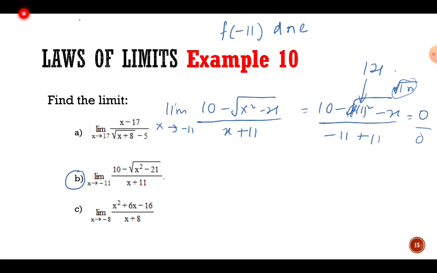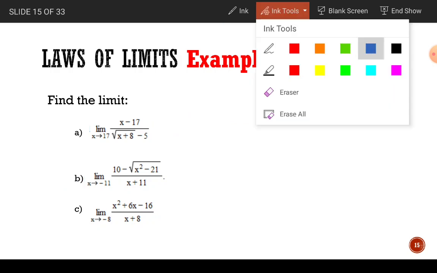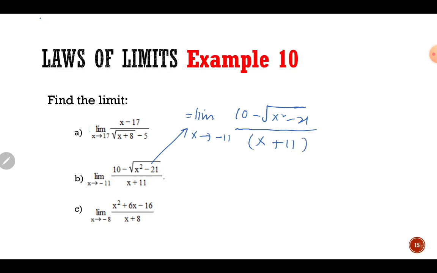So in this case it gives us hint that we have to do macam yang kita buat for example A tadi. Okay, alright, so sekarang ni untuk B ni maknanya kita kena apply conjugate as well. So sekarang ni kita nak try 10 tolak square root of x square tolak 21. Macam tadi kan kita try darab dengan conjugate yang kat bawah, betul?